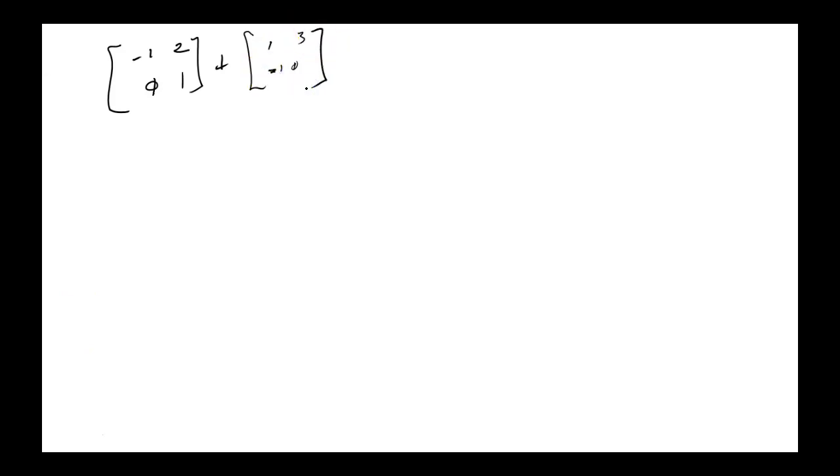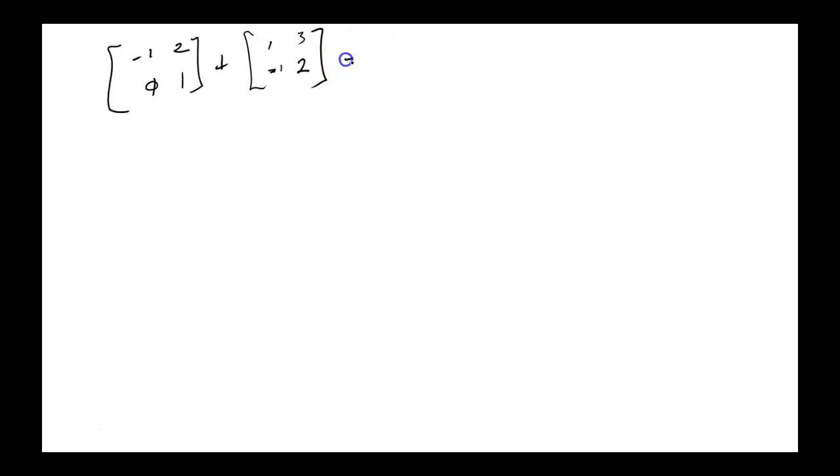All right, if those are the two matrices, let me make sure I got them right. Negative 1, 2, 0, 1. Add to that the matrix 1, 3, negative 1, 2.